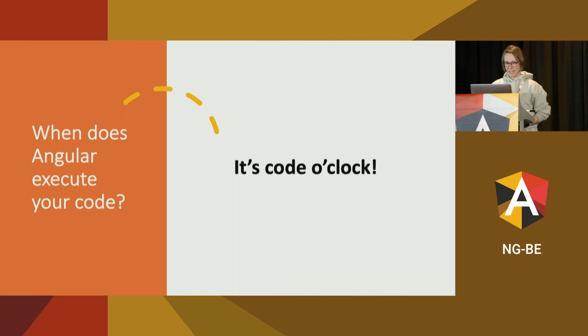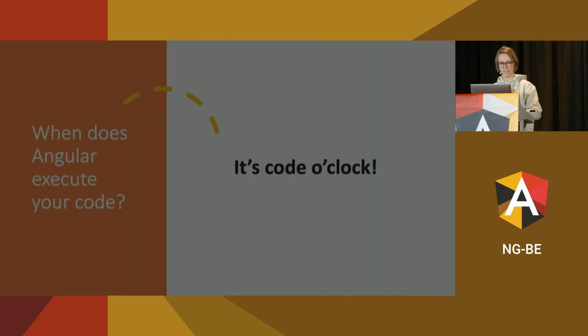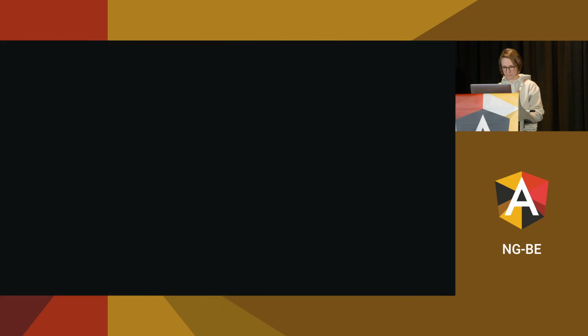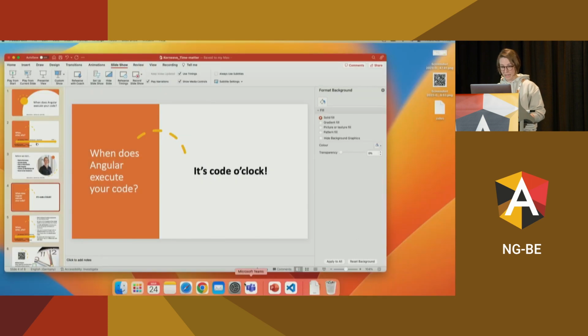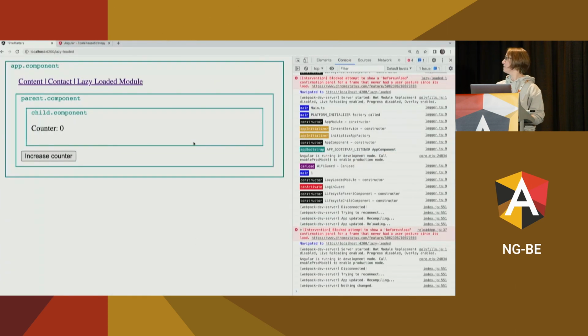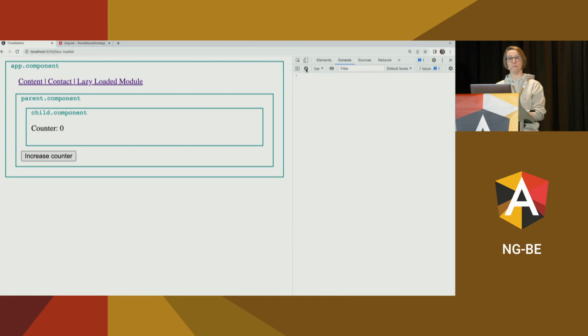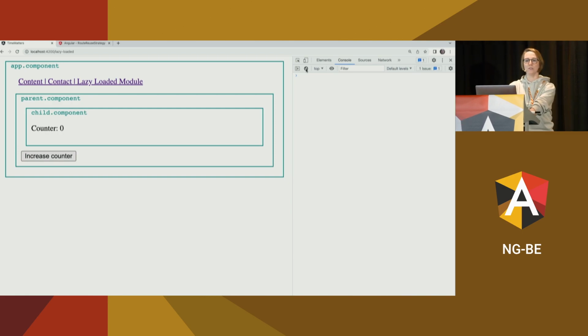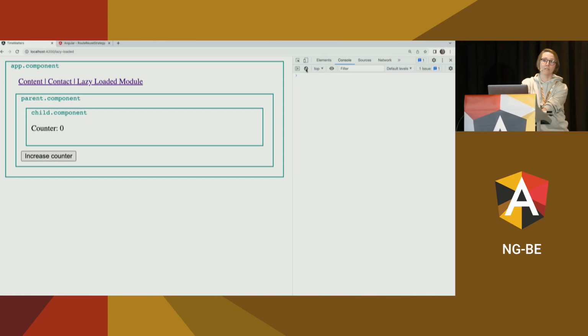So it's code o'clock. Let's have a look at our options. I've prepared a real-world use case application. It has some components, some standalone components, some lazy-loaded modules, some lazy-loaded components, and some services, so it has a bit of everything.